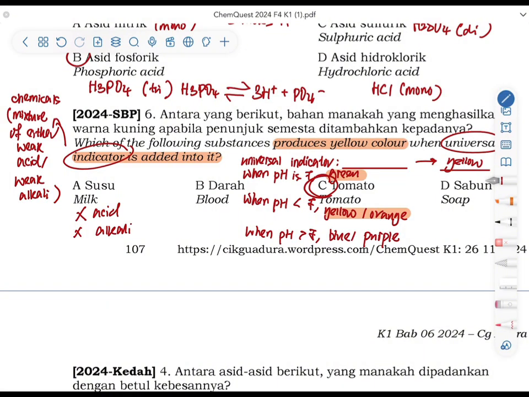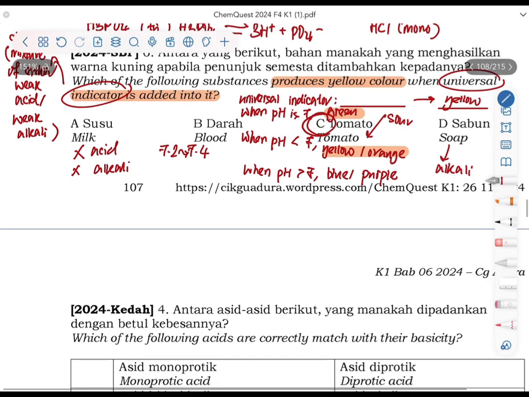For B, the blood, let's say human blood, has a pH of almost 7.2 to 7.7, which is slightly alkaline. And then C, tomato is sour, so when it dissolves in water it will produce an acidic solution. And lastly, for D, salt is actually neutral. So this answer will be C.